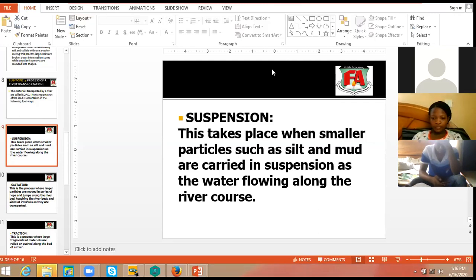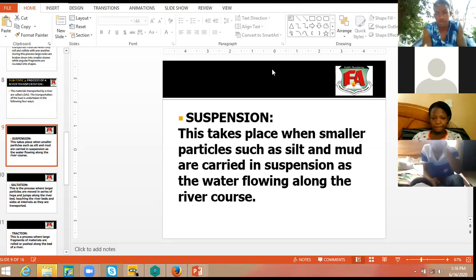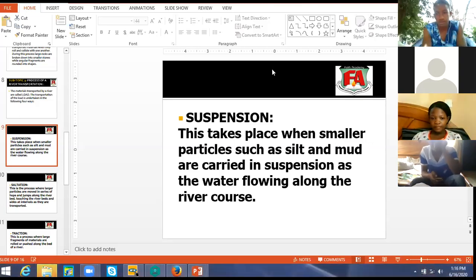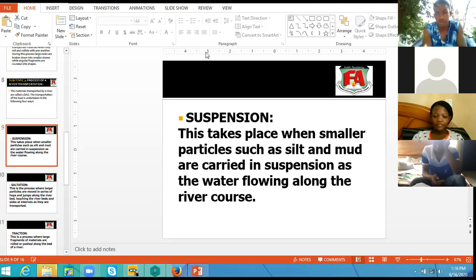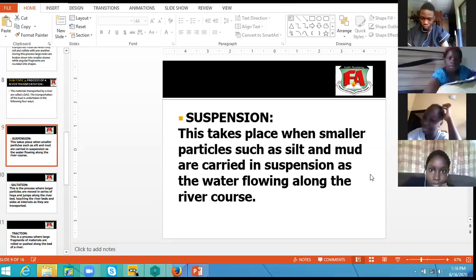So those materials will be deposited for a particular time. When the force increases again, the material or the load will flow again. So in suspension, they flow from one time to another gradually. Sometimes their flowing is not noticeable.